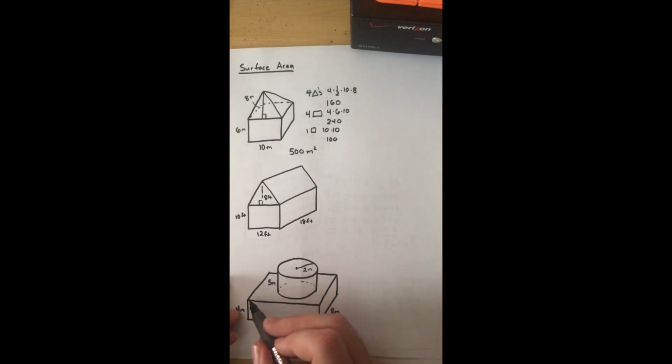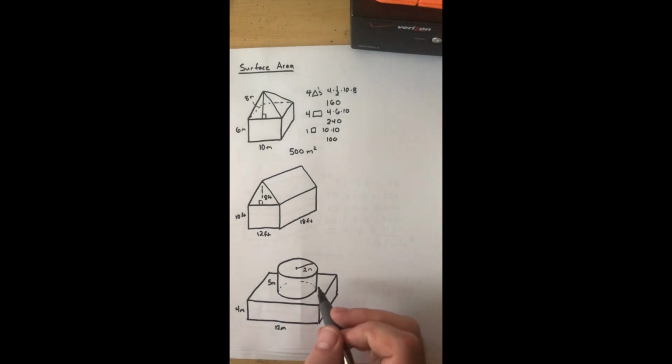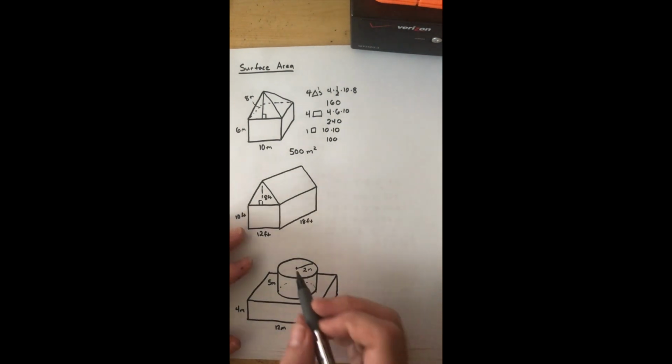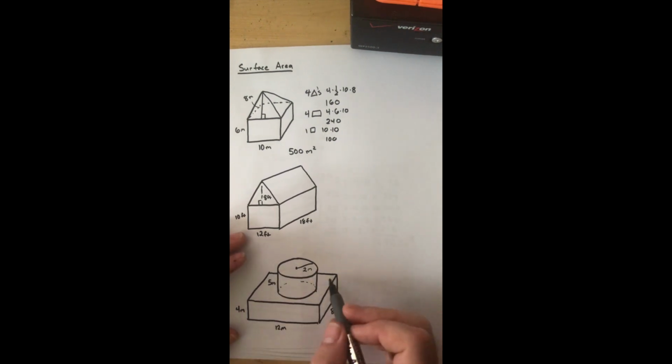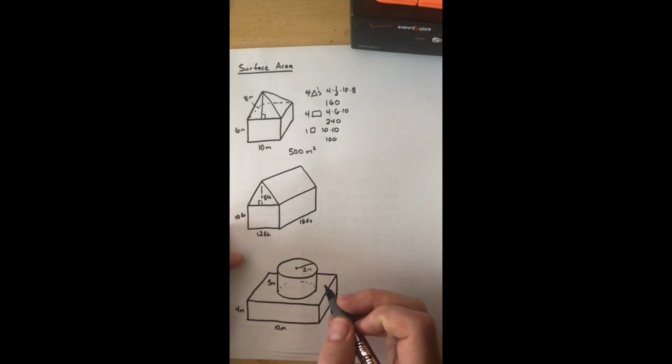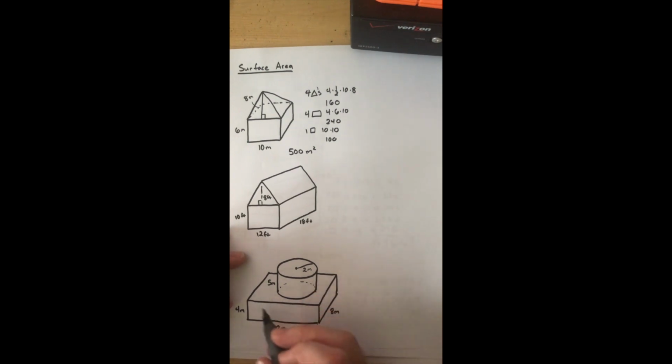So in actuality, you're not having any side of the rectangular prism blocked. We just find this top like normal, and we're going to ignore the circle. What we have to do is find the rectangular wraparound that goes around the cylinder. So we've got 6 rectangles we need to find for the prism.